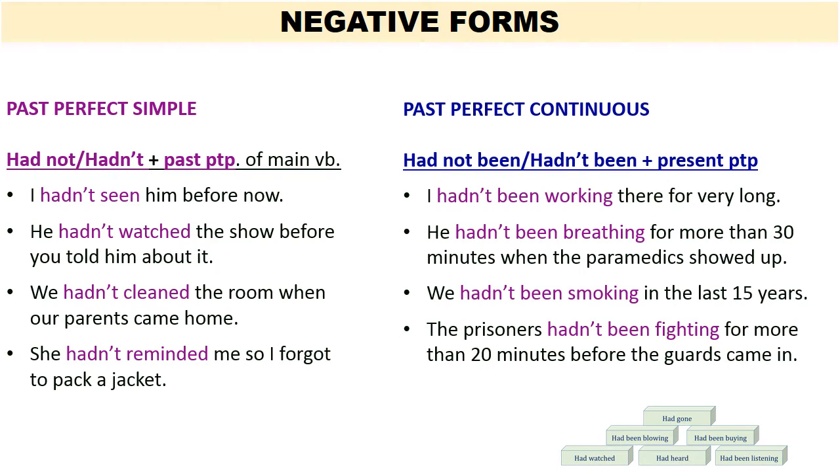He hadn't been breathing for more than 30 minutes when the paramedics showed up. We hadn't been smoking in the last 15 years. The prisoners hadn't been fighting for more than 20 minutes before the guards came in. So these are the negative forms of the past perfect simple and the past perfect continuous tenses.